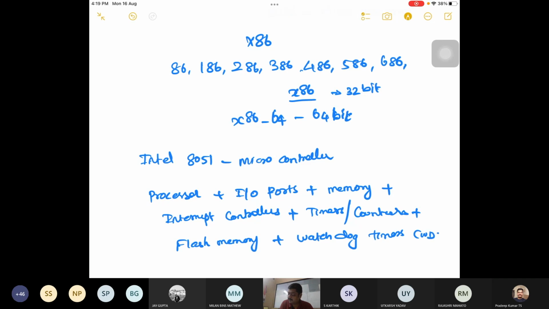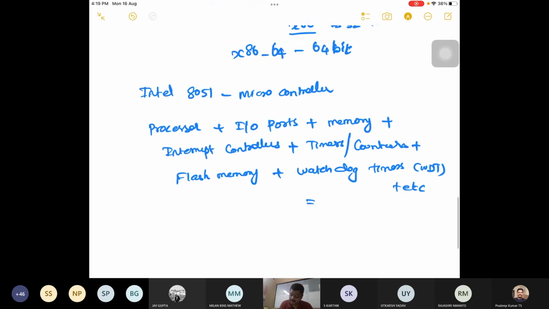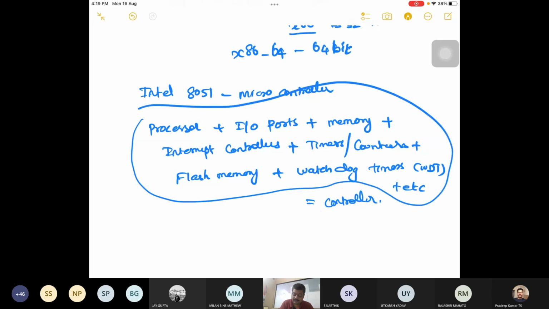Generally, we call it WDT, watchdog timer, etc. So this is called a controller or a microcontroller. So addition of everything together is called a controller.